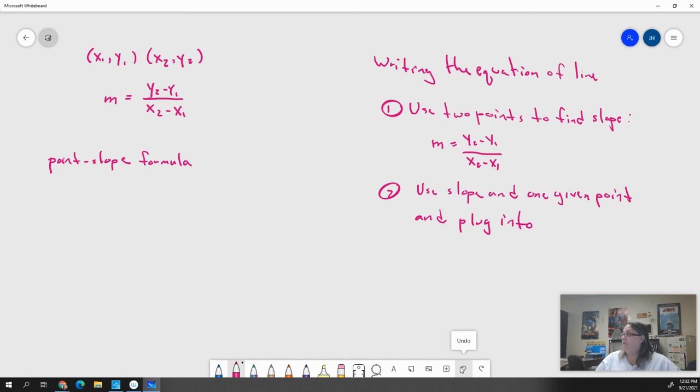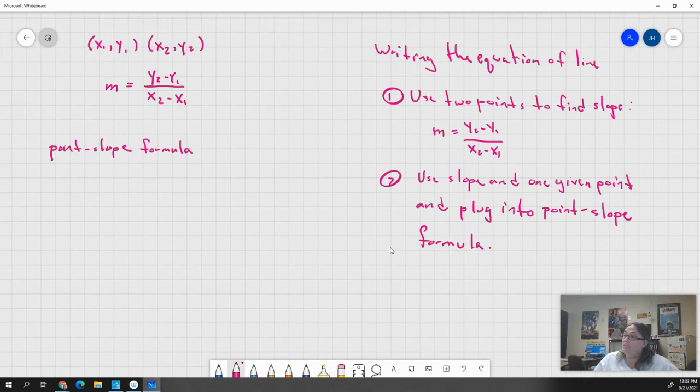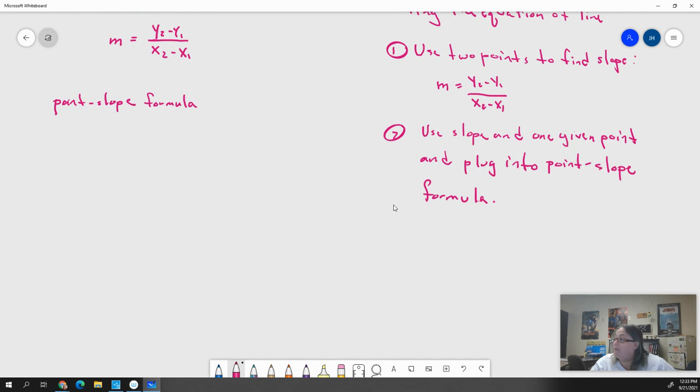Plug into point-slope form. When you simplify the point-slope formula, it gives you slope-intercept. So simplify to slope-intercept.